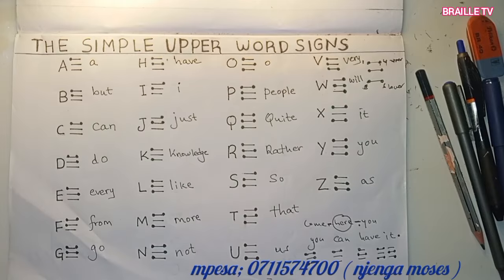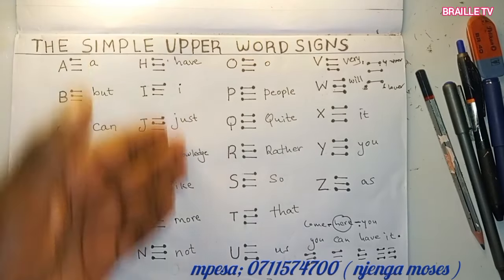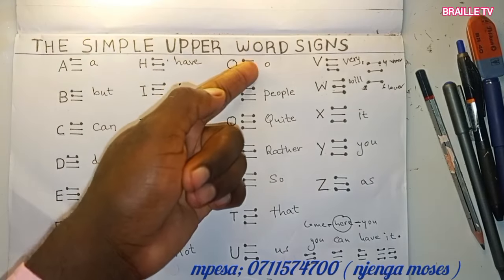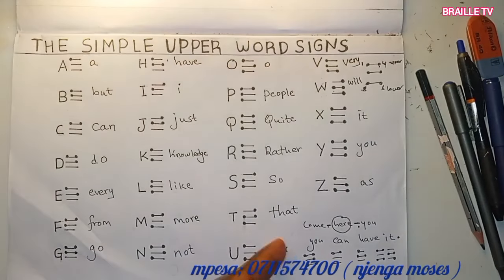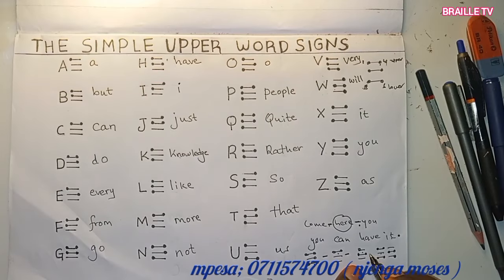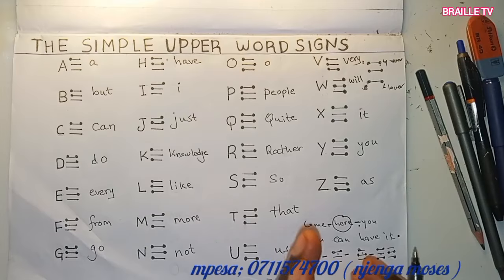Now, what I'm saying is, these word signs are used when these words are standalone, for example you, Y to represent you; C, can; H, have; X, it. They must be preceded by a space and followed by a space. So that's what we are supposed to do.